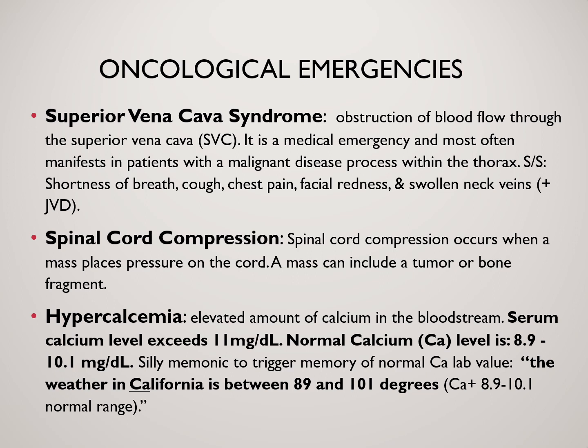They may just be slightly different here and there. So I remember it by the weather in California. California starts with Ca, like calcium. The weather in California is between 89 and 101 degrees. So calcium 8.9 to 10.1, normal range.